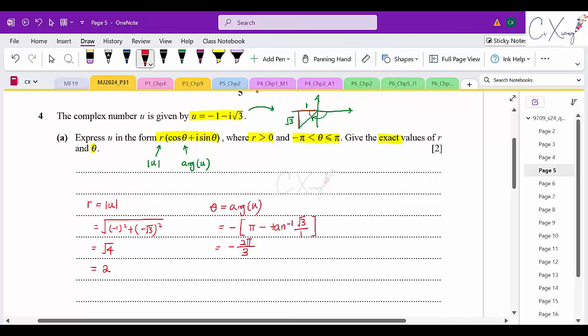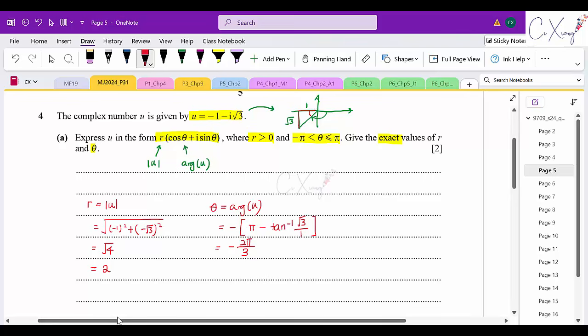For those who may be using the MS calculator, you might not get a nice exact form of theta. So maybe you can change it to degree form first, then convert it back into radian form. Our answer must be in radians because the question itself mentions that theta is from negative pi to positive pi. So this is how I get theta.